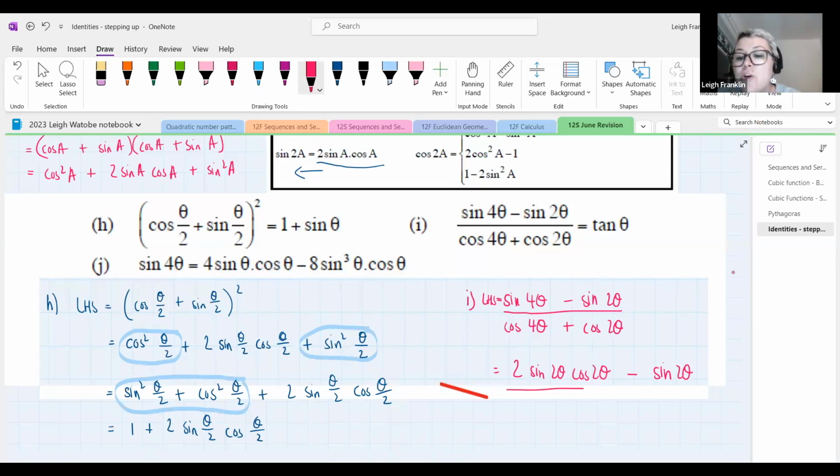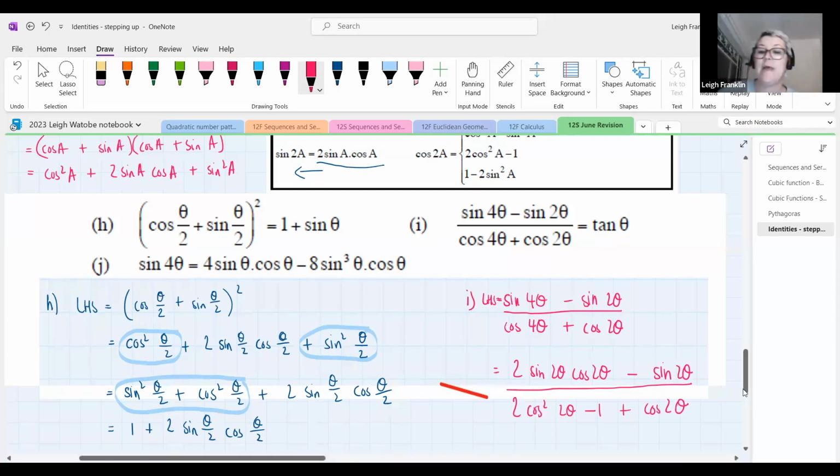In the denominator, if cos 2 theta occurs with cos theta, the best thing to do is write cos 2 theta as 2 cos squared theta minus 1. So what I'm going to do is write cos 4 theta as 2 cos squared 2 theta minus 1 plus cos 2 theta.